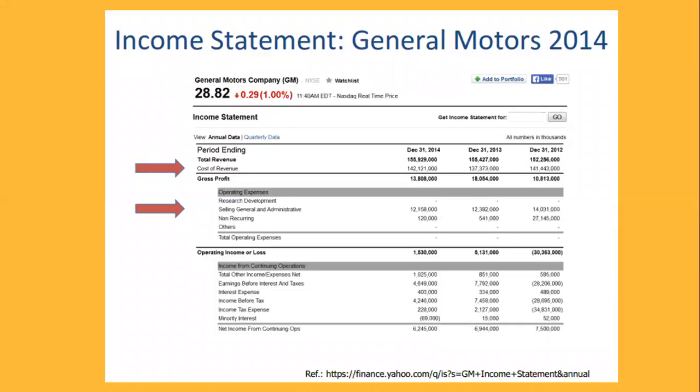Here you can see in this slide selling, general and administrative, SG&A costs, and some non-recurring costs. If you subtract those, that gives you the operating income or loss. So again, this slide shows you how on an income statement you can see a lot of the terms that I have discussed with you on the previous slides.